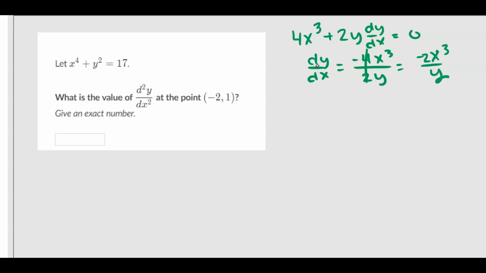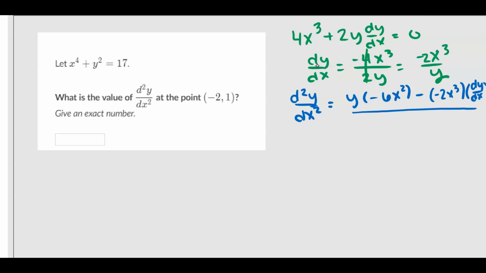And then in order to find the second derivative, you have to take the derivative of that, which is a quotient rule. So it's ho d high minus high d ho all over ho ho.